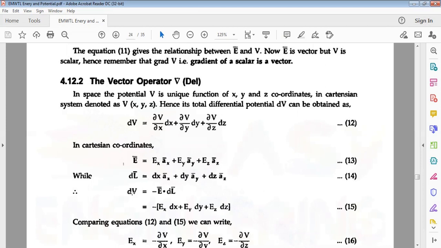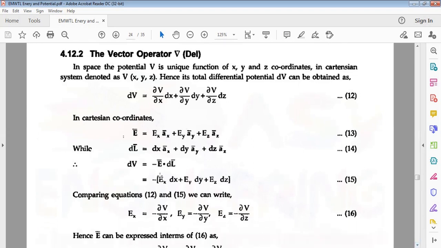By taking the potential formula, dV is equal to minus E bar dot dl bar. E bar is Ex and dl is dx, so Ex into dx plus Ey into dy plus Ez into dz, because ax bar dot ax is only 1, the remaining are zeros, and ay dot ay is only 1, so the magnitudes are the product of Ey and dy.